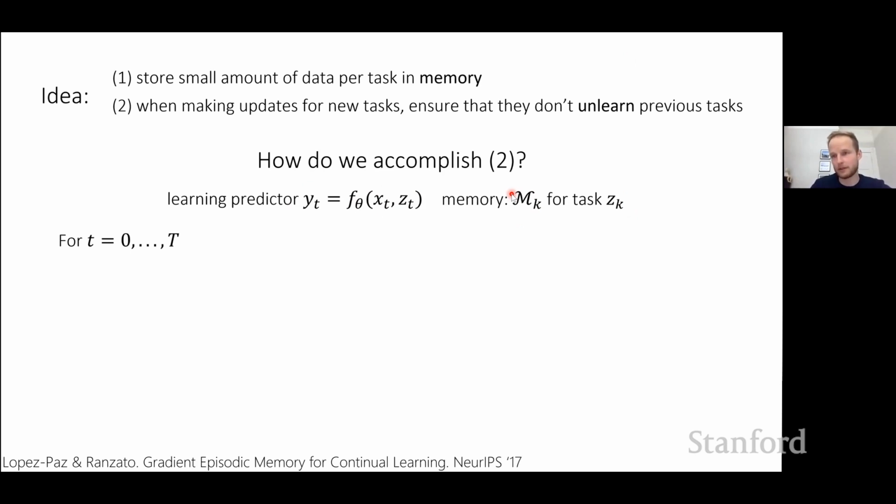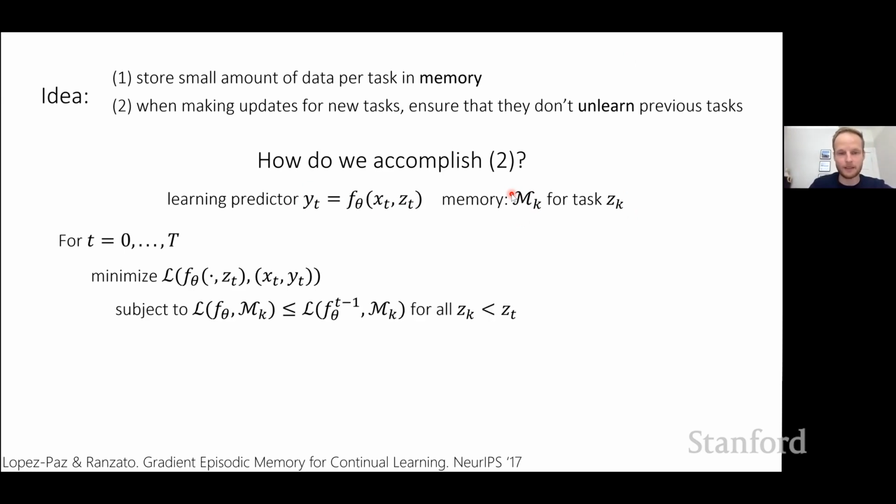Now for every data point, we'll minimize the loss as we usually do with the new data point. But in addition to this, we'll have a constraint that says that the loss of our new function on our memory data should be less than or equal to the loss that we had previously, in the previous iteration, on the previous data.